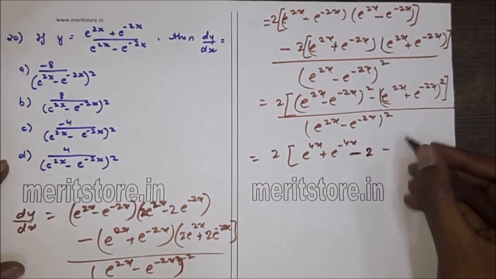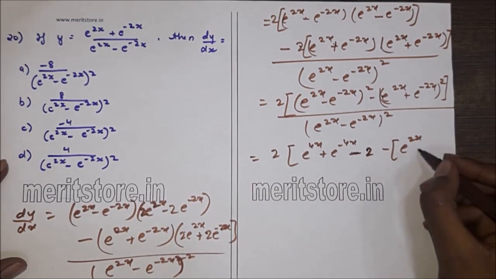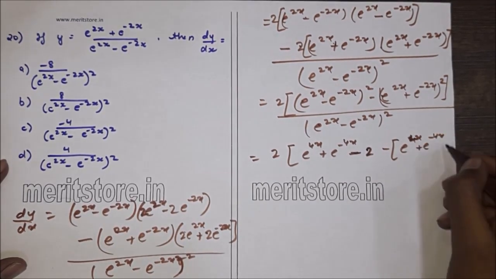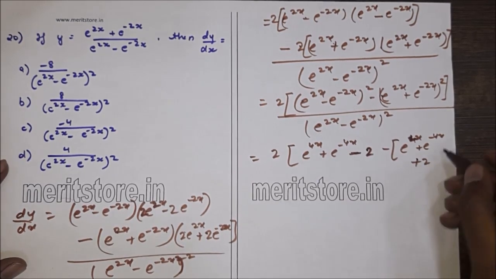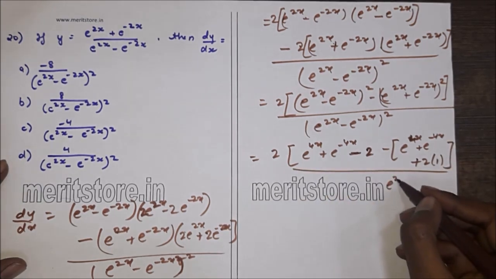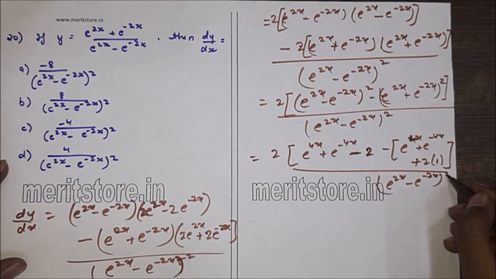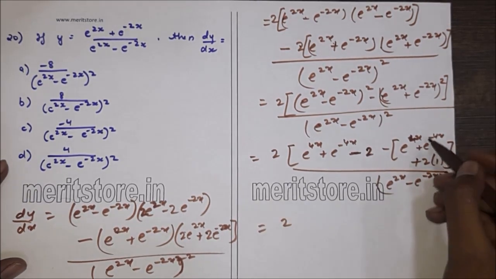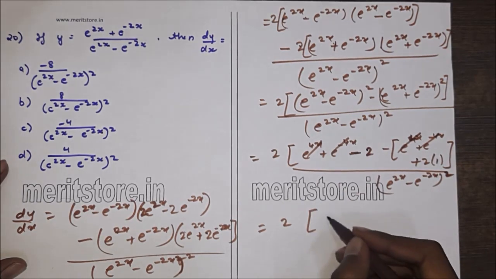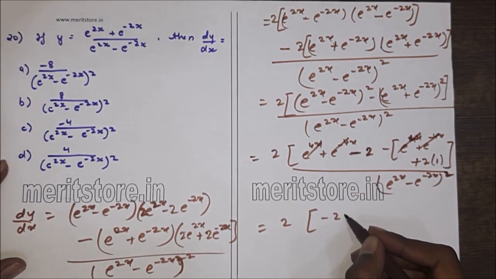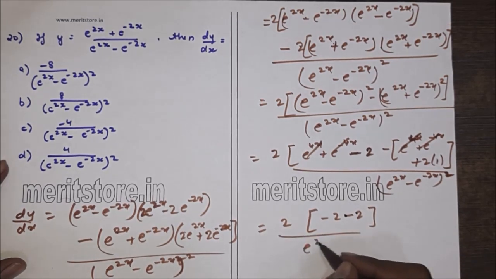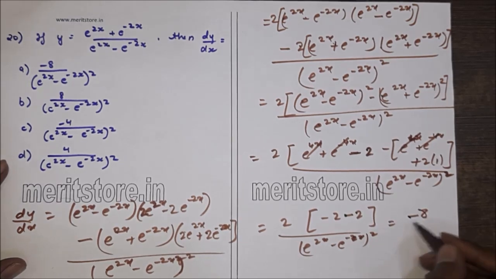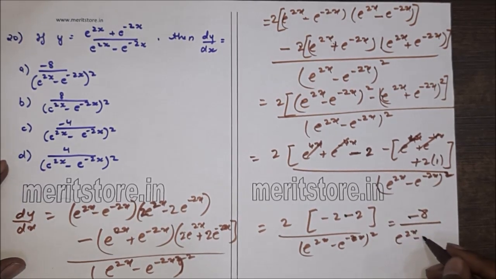Similarly, this is e raised to 4x plus e raised to minus 4x plus 2 times e raised to 2x into e raised to minus 2x, which is 1, divided by (e raised to 2x minus e raised to minus 2x) raised to 2. So this gets cancelled, so we have 2 into minus 2 upon (e raised to 2x minus e raised to minus 2x) square. This is equal to minus 8 upon (e raised to 2x minus e raised to minus 2x) square, which is option A.